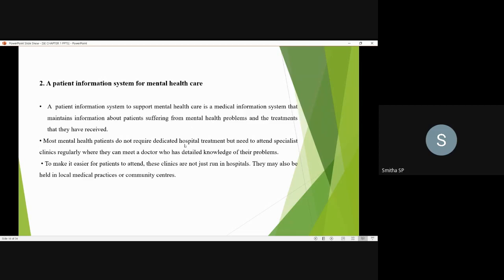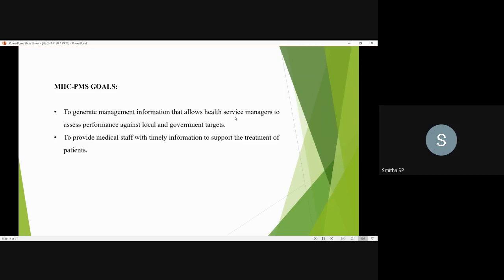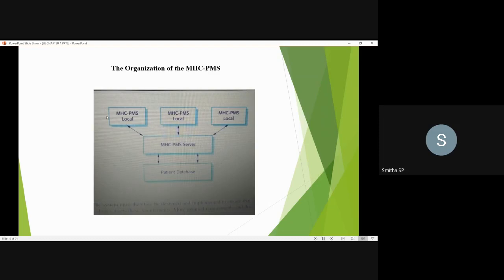We came to know that it makes use of a centralized database which consists of patient information, and we have seen the MHC-PMS goals. We also discussed how the MHC-PMS is organized.